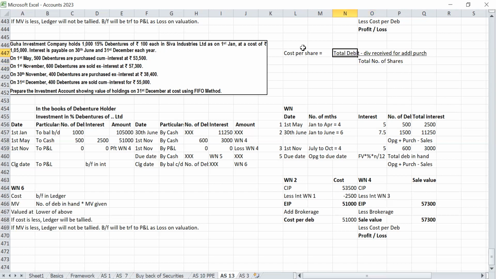This is weighted average cost. This method is called weighted average cost. For cost per debenture, generally in the question it will be given as FIFO method. If it is given as weighted average cost, same as above.